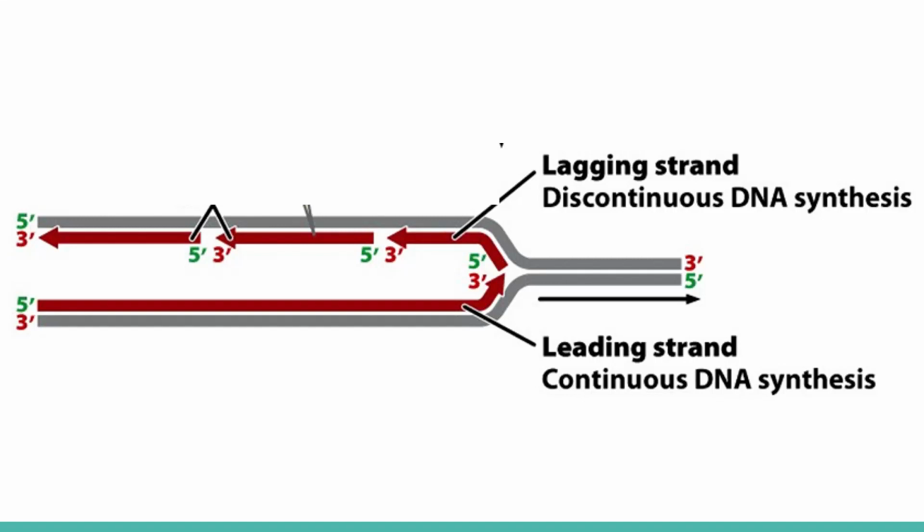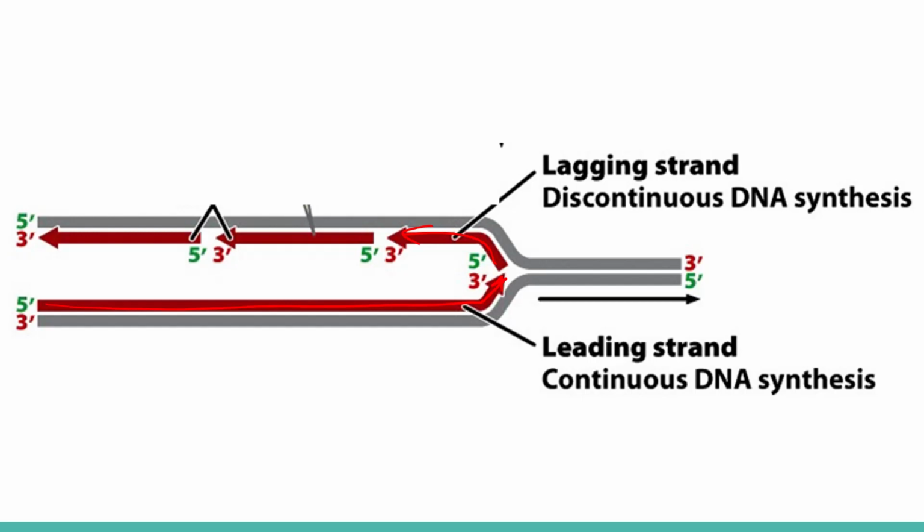If we look at the red arrow in the replication fork, it's going towards the fork. The one going into the fork is the leading strand, right? The one coming out of the fork is the lagging strand. What if you didn't even have red arrows in there? It's going to start at the one with the 3' because it starts right. Yeah.